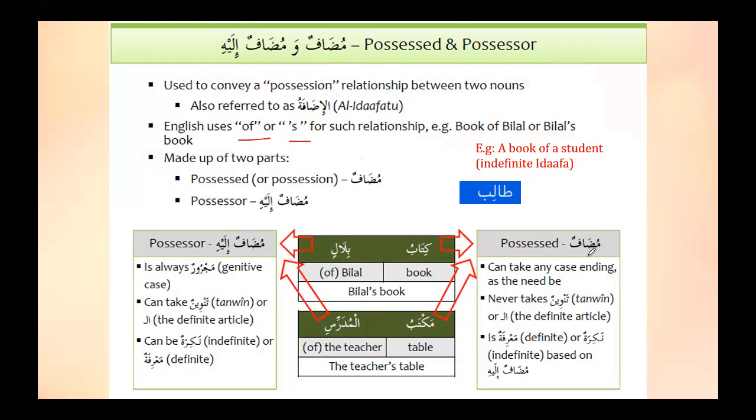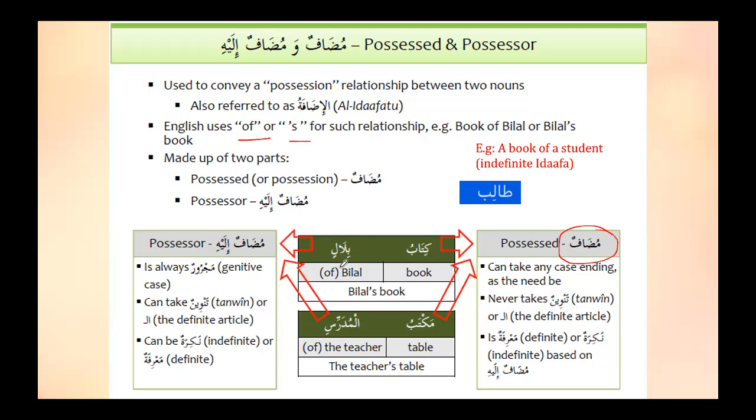The first term is called mudafun. It can take any case ending, but never tanween, cannot have tanween or al. And here in this case, it is definite. Why is it definite? Because the book belongs to Bilal. It's definite by nature.